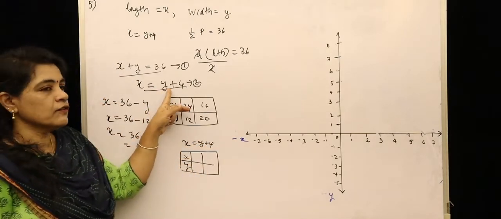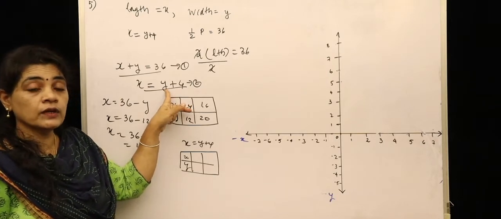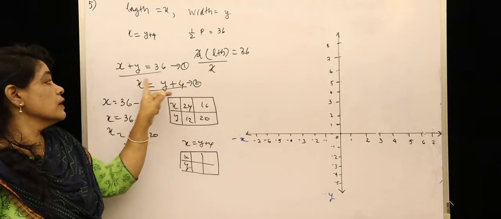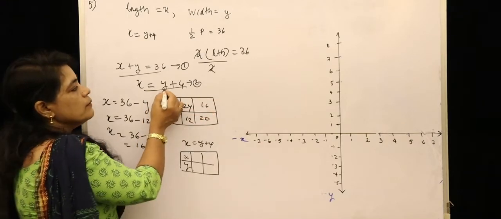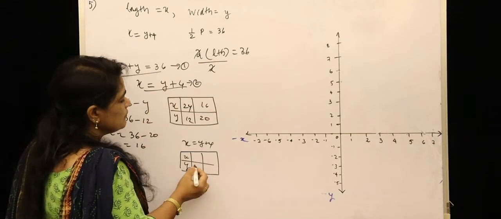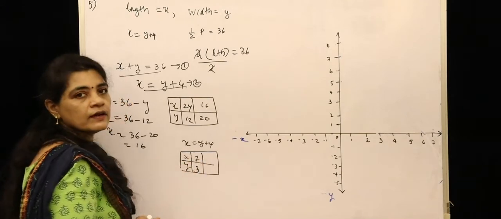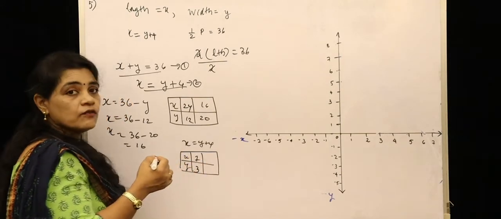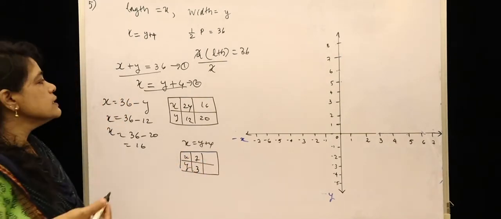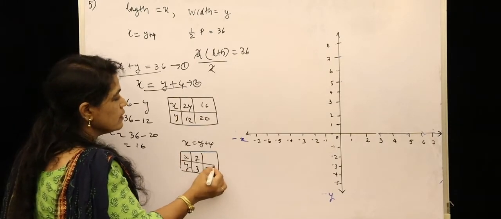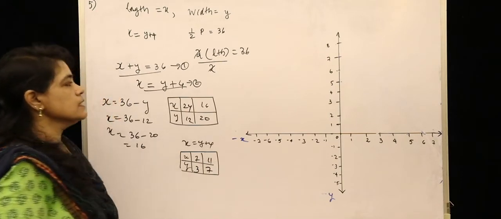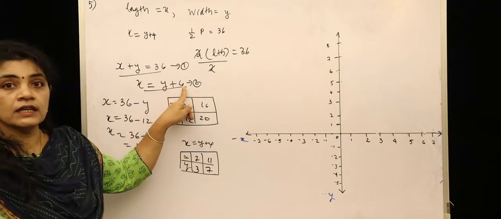We are getting the values of x by taking different values of y. So I am taking y as 3, so x will be 7. And if I am taking y equal to 7, then x will be 11. 7 plus 4 is 11.